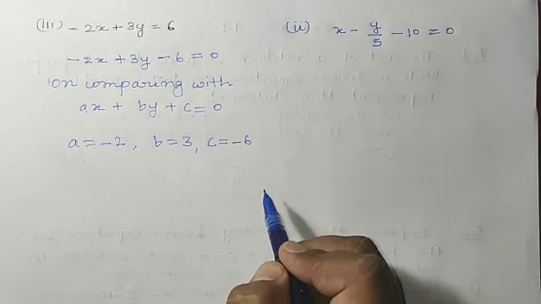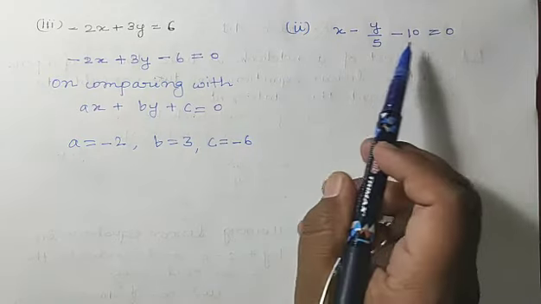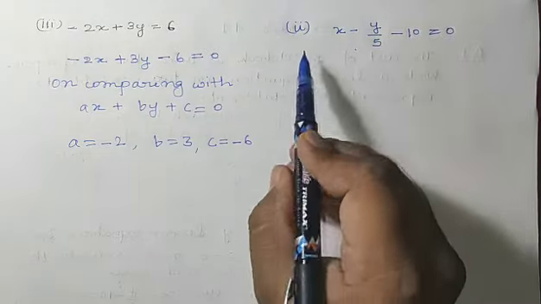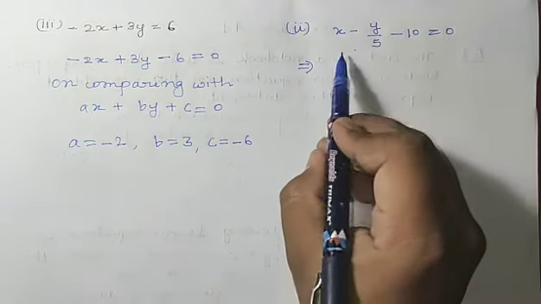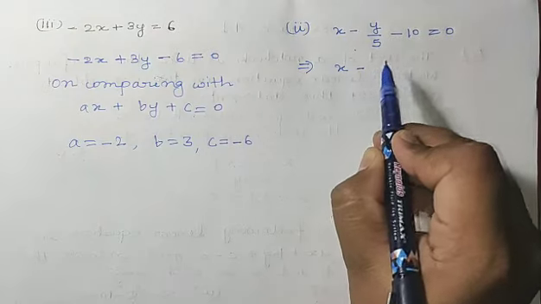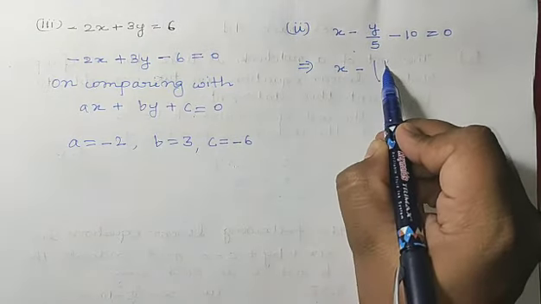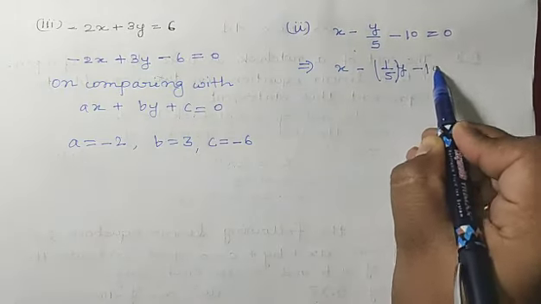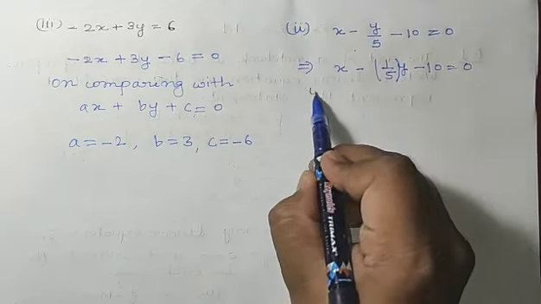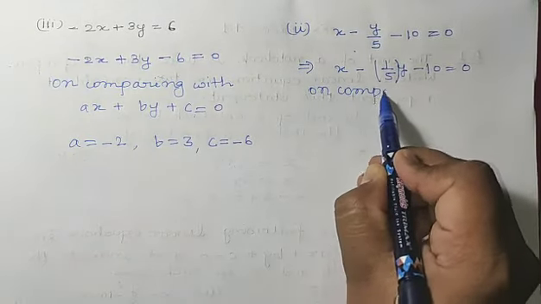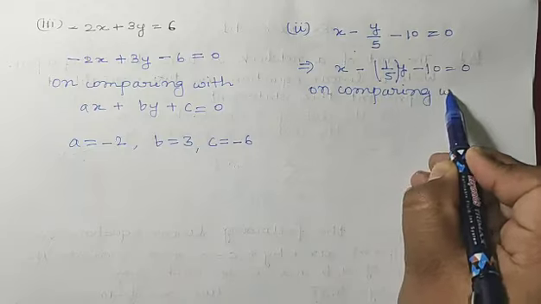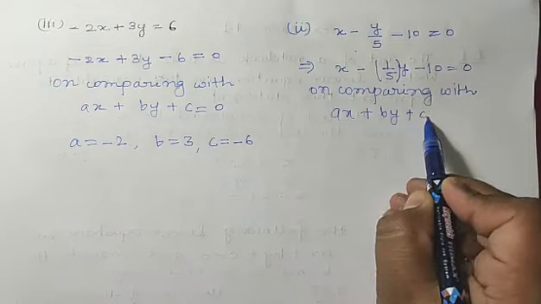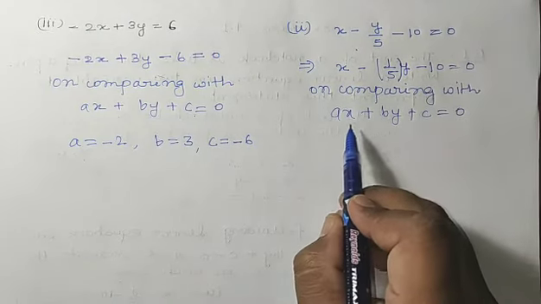Okay students, and yes, one more time I want to clear the second part for you, that you can solve it directly like this. See, it is x minus 1 by 5y minus 10 is equal to 0. Now on comparing with ax plus by plus c is equal to 0, what you will get?